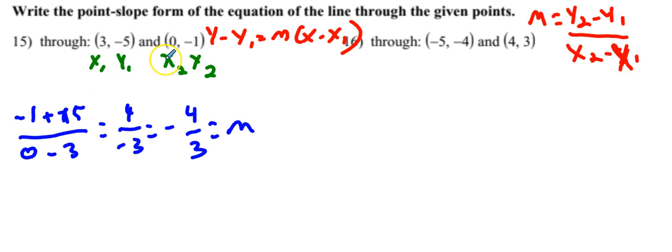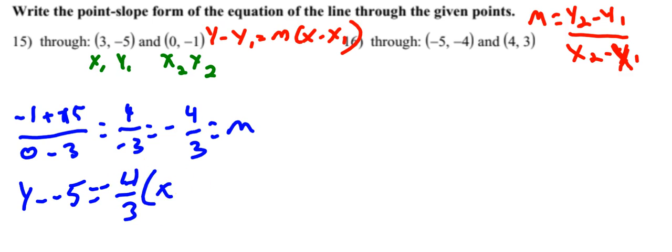Now we pick a point and do what we did on 13 and 14. I'm going to use this point. You could use this one, doesn't really matter. Y minus y1 equals slope times x minus 3.